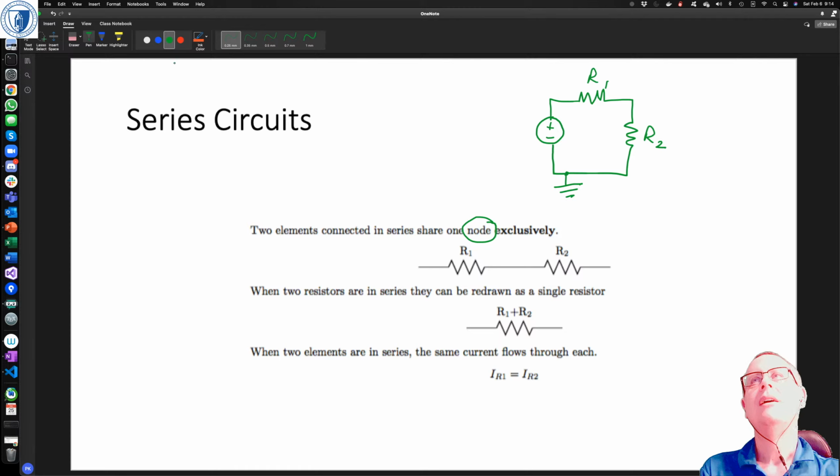So there's a few parts to this. One part is these pieces of the circuit, right? The pieces between the elements, between the components.